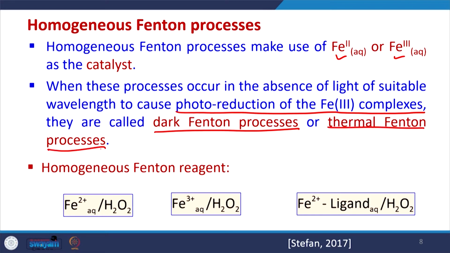So, this is another classification of Fenton processes. Now, in the homogeneous Fenton reaction in the aqueous system, we have Fe2+ with H2O2, Fe3+ with H2O2, or Fe2+ with ligand in the aqueous phase with H2O2.